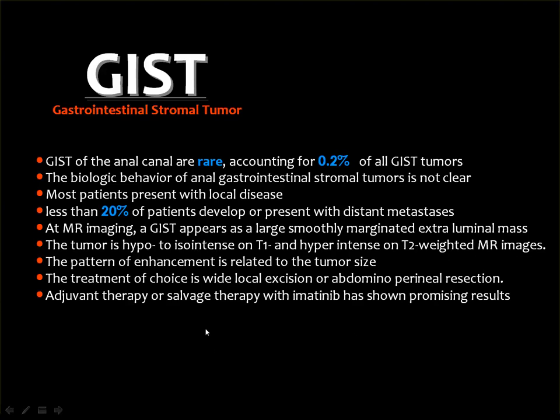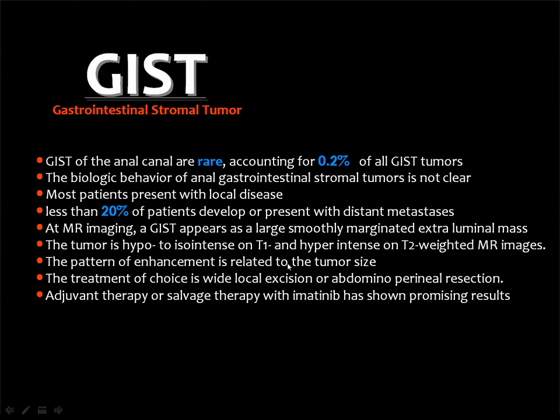You remember, guys, from the lecture of the rectum, it is a bulboid lesion, which is a smoothly marginated extraluminal mass, in contrast to the rectal cancer, which is a circumferential lesion with irregular infiltrative margin.